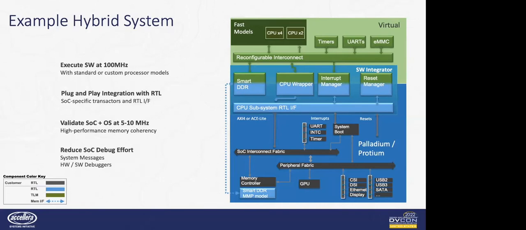So we have an example system where we're going to have a couple of CPU cores and a couple of clusters with an on-chip interconnect with timers, UARTs, memory controllers, all of that in the virtual environment, connected via a number of virtual bridges and hybrid bridges into a Palladium emulation box, which has then some of the I/O peripherals. It's got a lot of the low-speed things. It's got a GPU and other pieces in there connected together with our smart memory technology so that the two sides stay in sync.